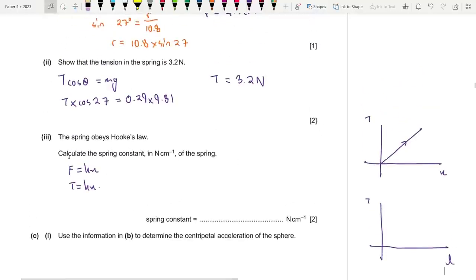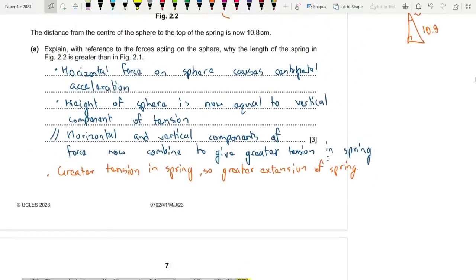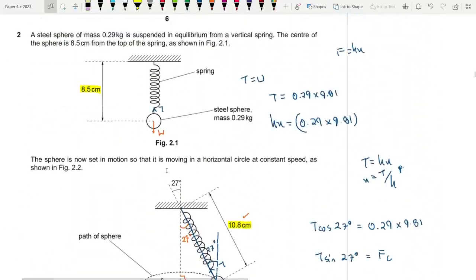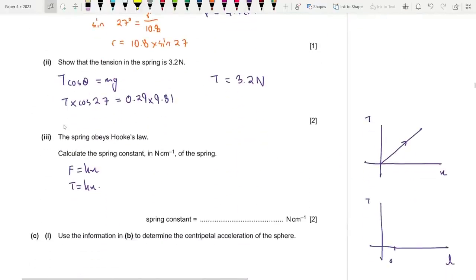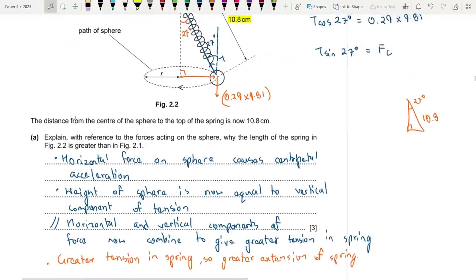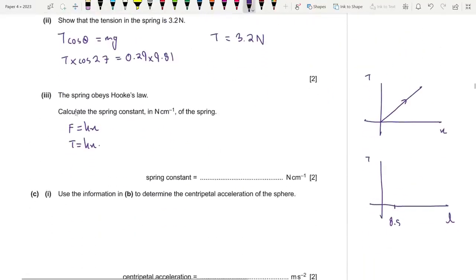The length, how much was the length? Initially it was 8.5, and later on it became 10.8. So it should start from 8.5 and become 10.8.